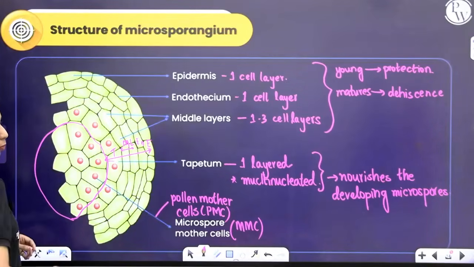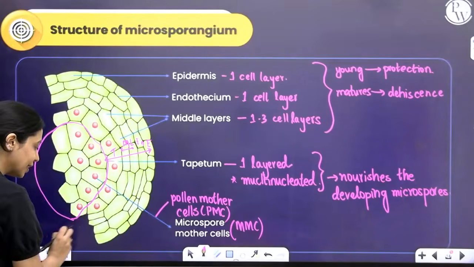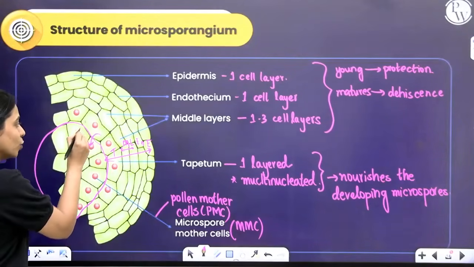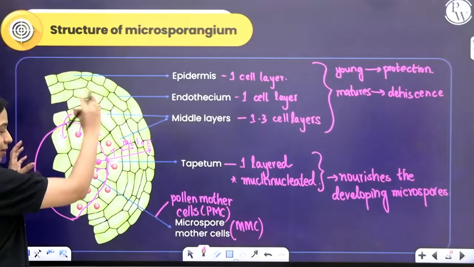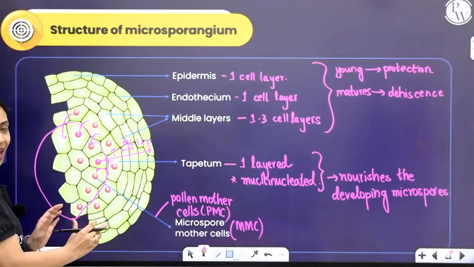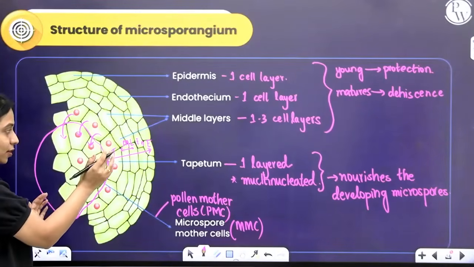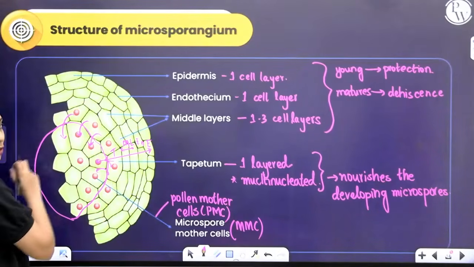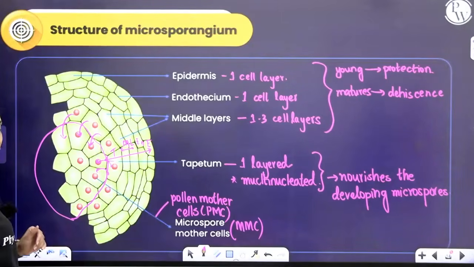During the formation of pollen grains, nourishment is required. So the cells present immediately surrounding them are going to provide nourishment to these cells. The tapetum is the innermost layer of the wall of the anther, which is closest to the microspore mother cells. So this will provide nourishment to the developing microspores.